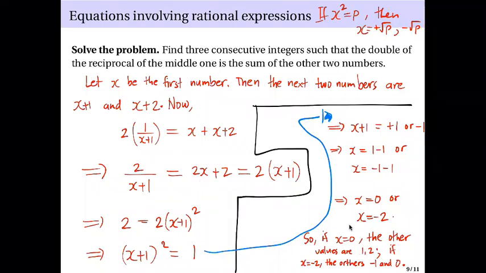And then you have 0 plus 2, so you have the equality. Similarly for this, the middle one is negative 1. The reciprocal is negative 1. Twice that reciprocal is negative 2. And then the sum of the other two numbers is negative 2 plus 0. So you will have the equality.